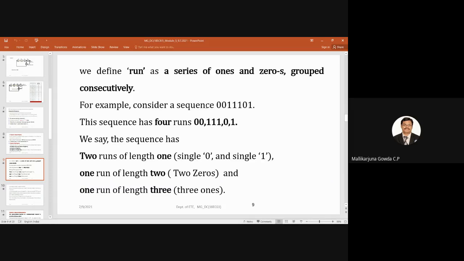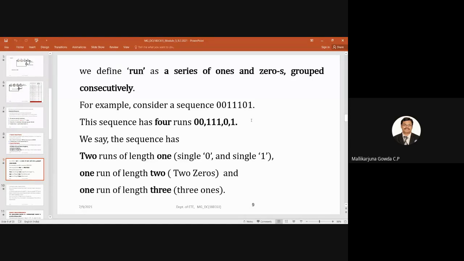First run is 00, second run is 3 ones, third run is 0, and fourth run is 1. A run means a series of ones and zeros grouped consecutively. That is known as a run. Is this clear?